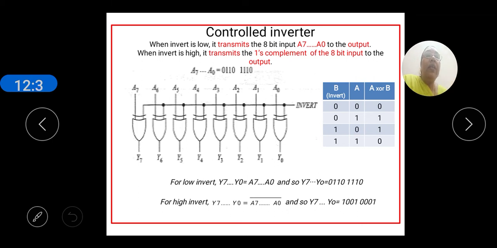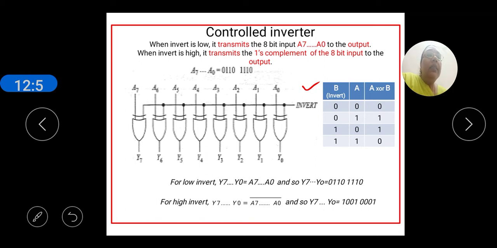This is the circuit diagram for the controlled inverter. We use an exclusive OR gate because I have given the exclusive OR gate truth table here. When you see the truth table, B is the invert terminal and A is the given bit. When B is 0 and A is 0, A exclusive OR B output is 0.